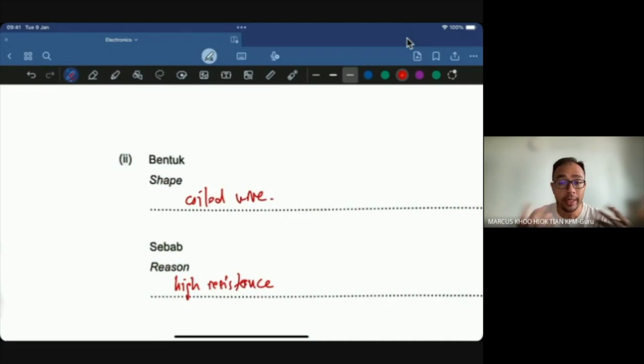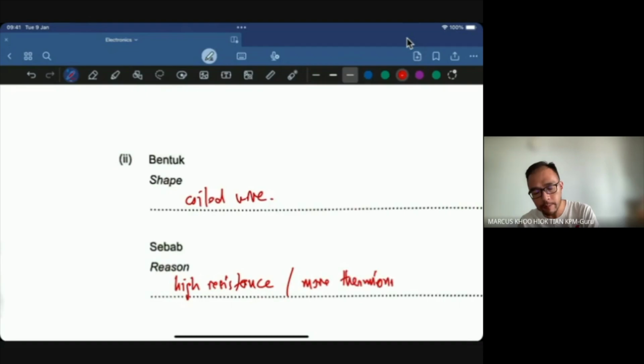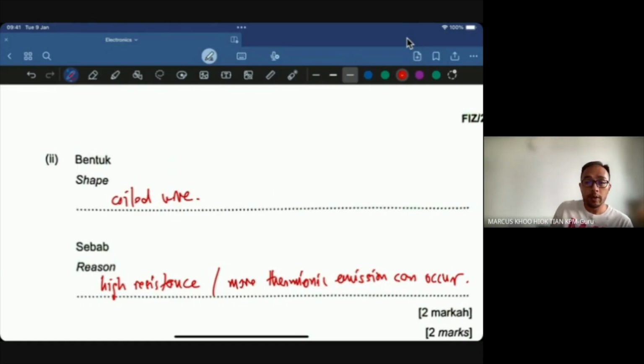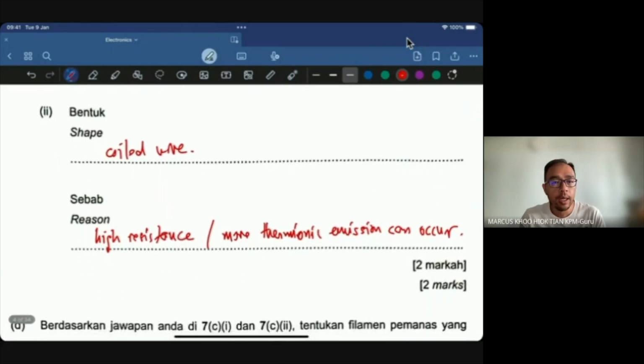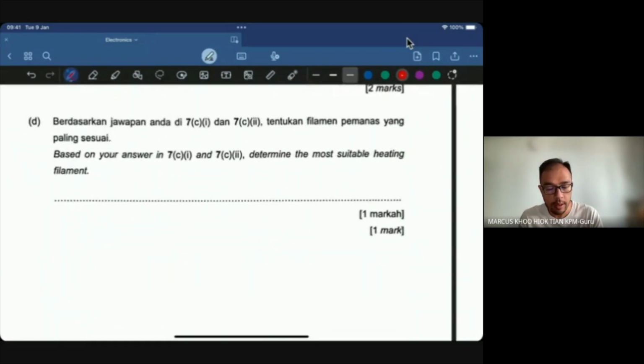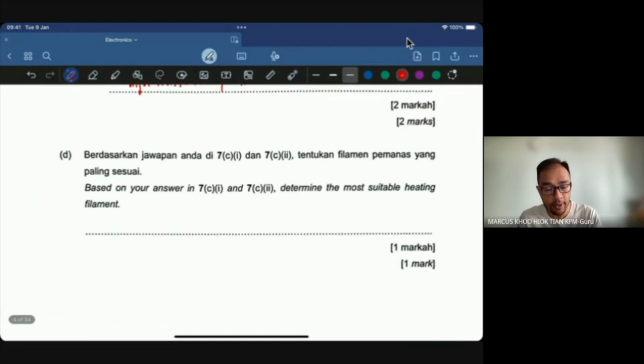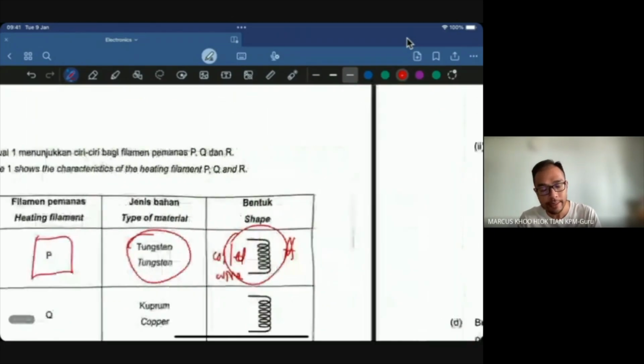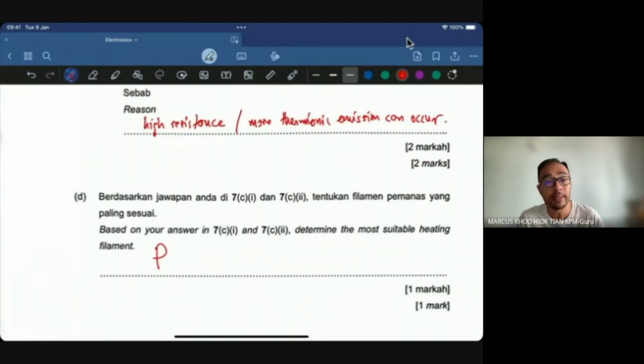The longer the wire, the bigger the resistance, so more thermionic emission can occur. Based on the answer, tungsten and coil wire, we go for B. So this is quite an easy answer.